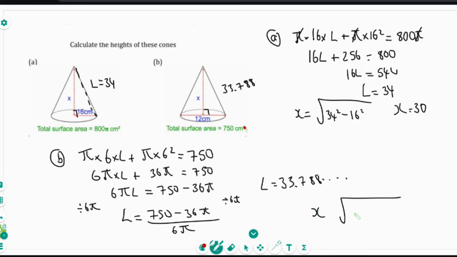So x is equal to the square root of 33.788 squared minus 6 squared. Which is 33.3 centimetres to 1 dp.